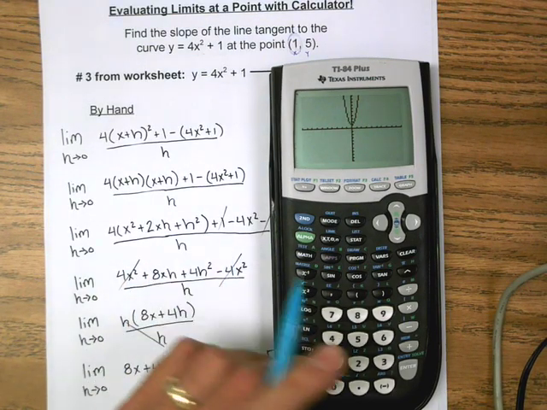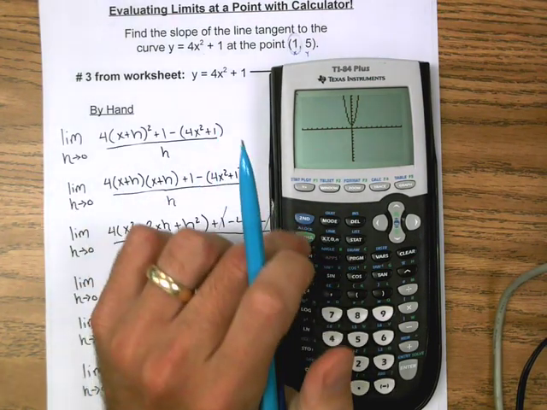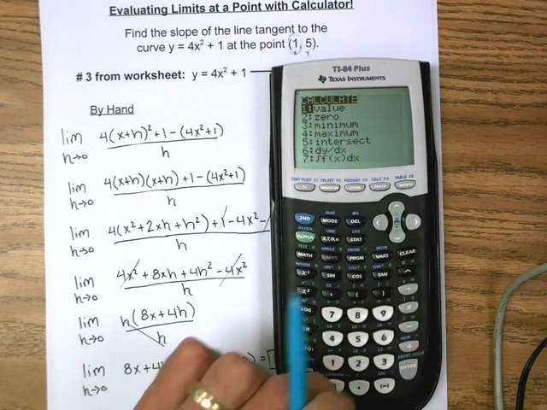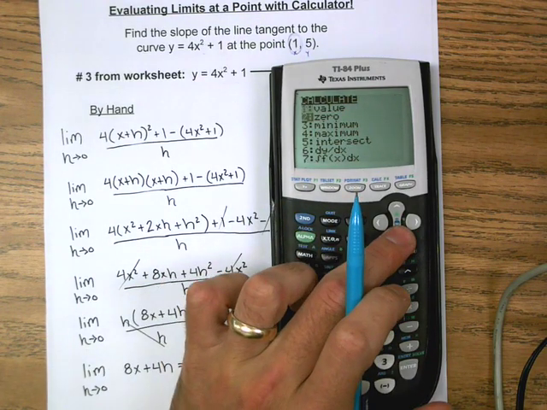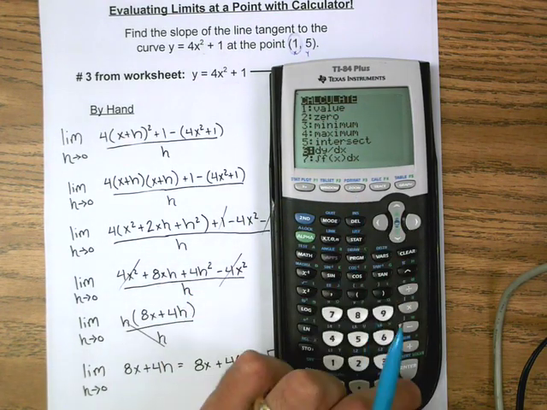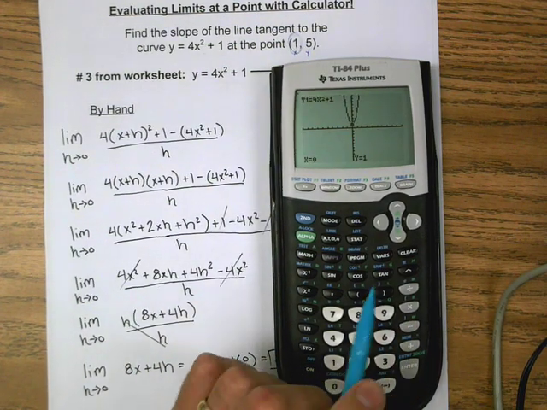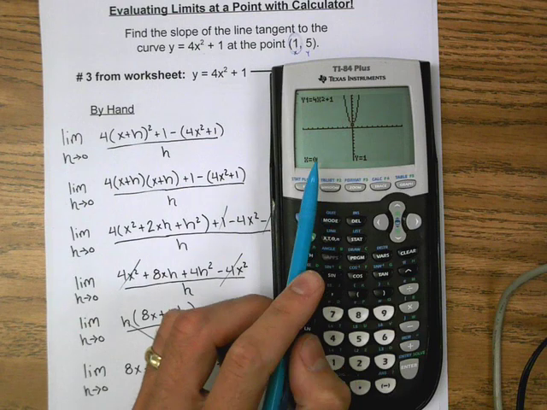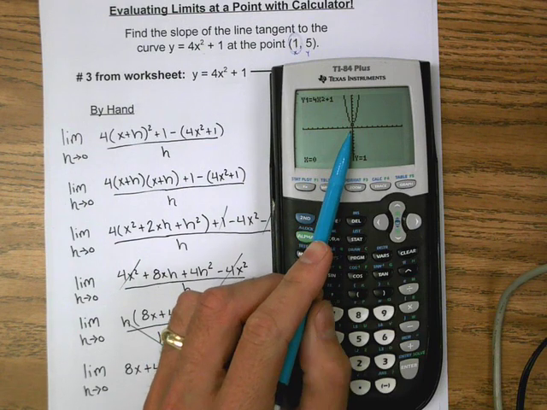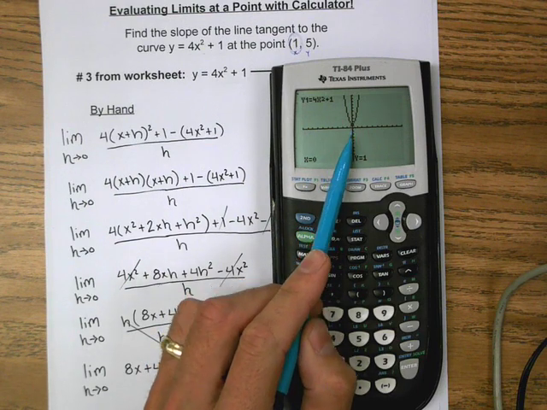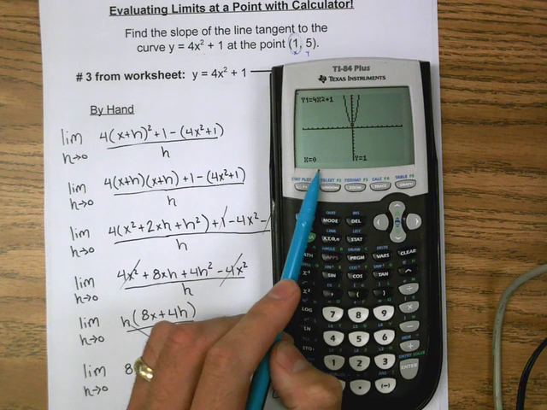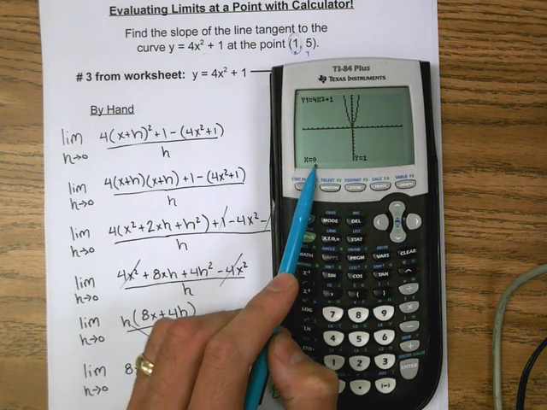Now to find the derivative, I'm going to hit 2nd, CALC, and go down to number 6, which is dy/dx, the derivative with respect to x. I hit enter. Essentially it's giving you a trace command, asking what x value you are looking for.